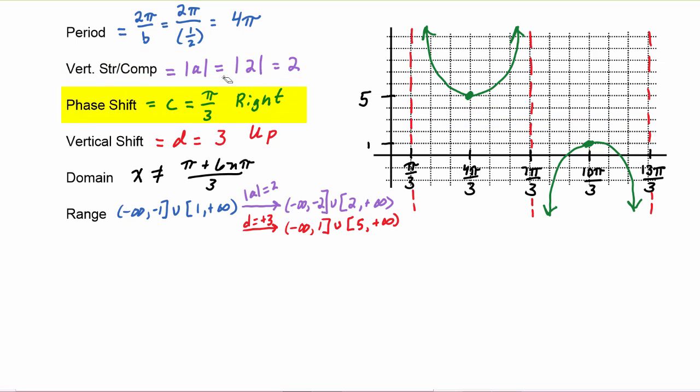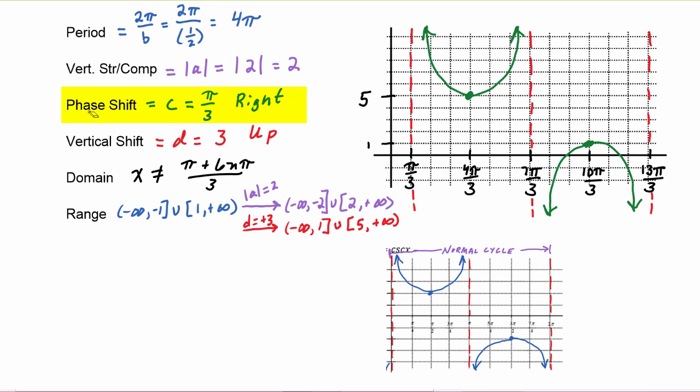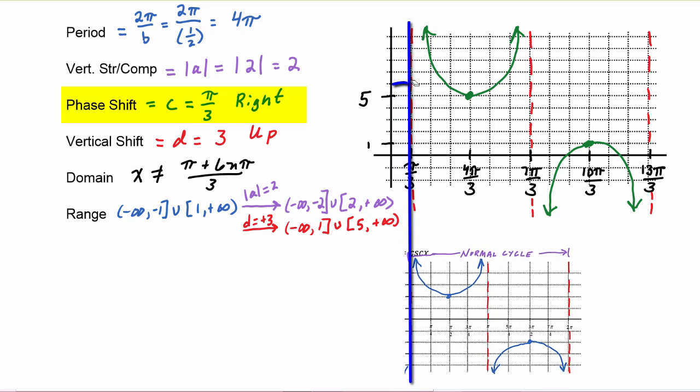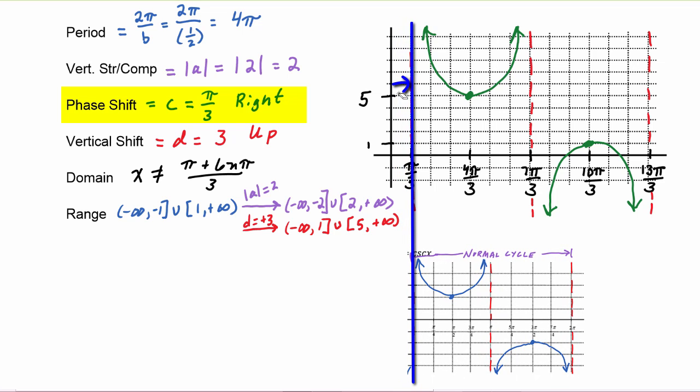For the phase shift, we know that unaltered cosecant at the y-axis should be that first vertical asymptote, and instead that asymptote has shifted to the right by pi over 3, and that's exactly what we said we thought it would be.